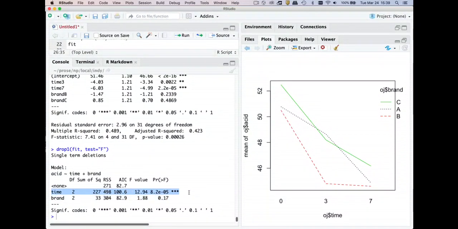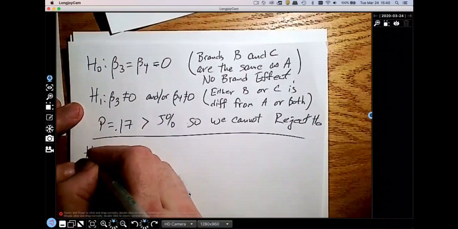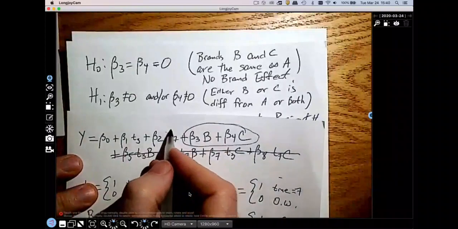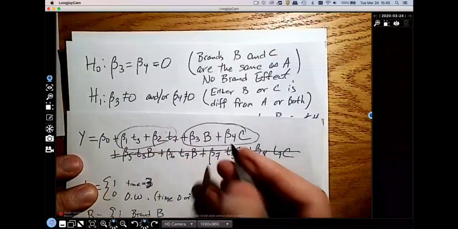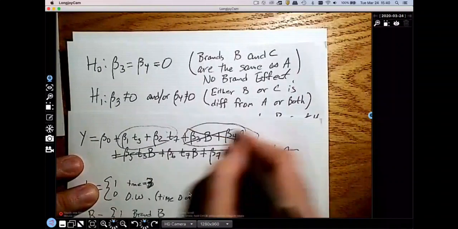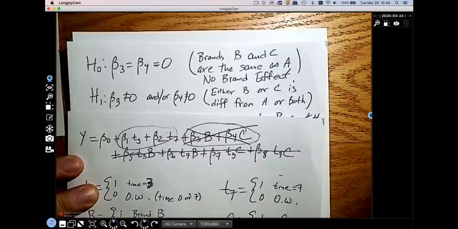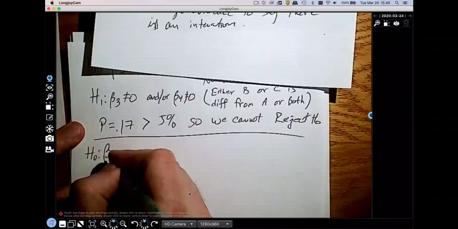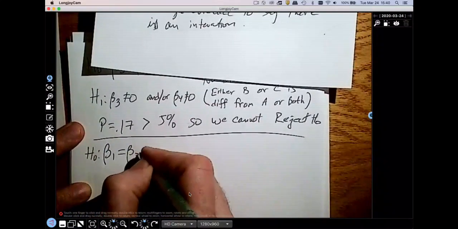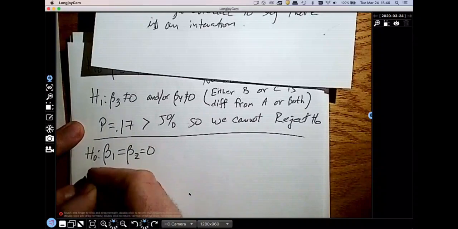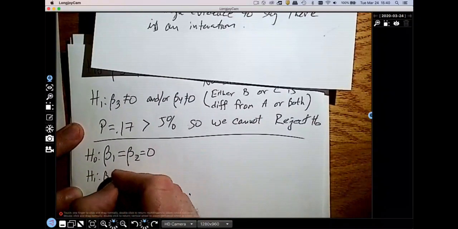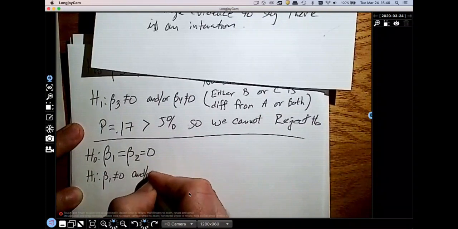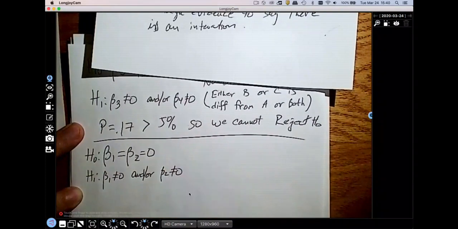So what is this saying? The other one is saying you've got two time effects. So h naught is, if we go back and look at my sheet, do I need these time effects? By the way, we just decided we don't need the brand terms, so get rid of those terms. But what are we testing now? Well, beta 1 equals beta 2 equals 0. The alternative is that beta 1 is non-zero and or beta 2 is non-zero.